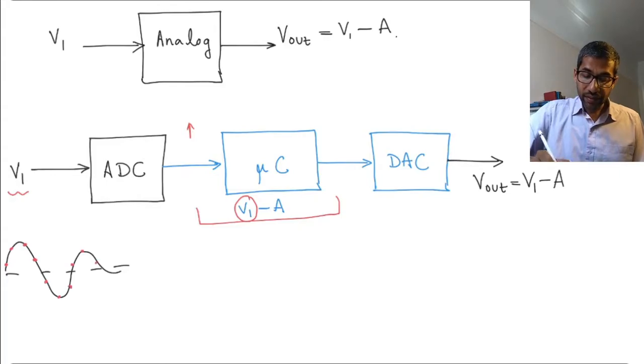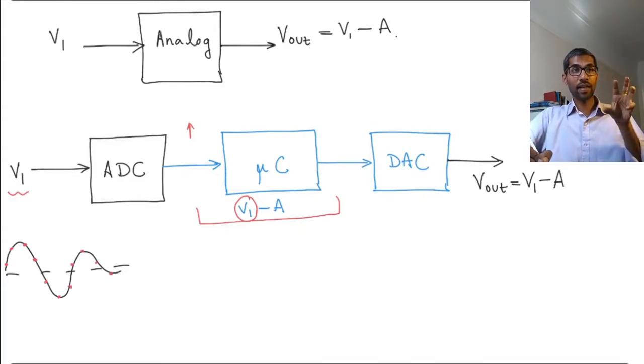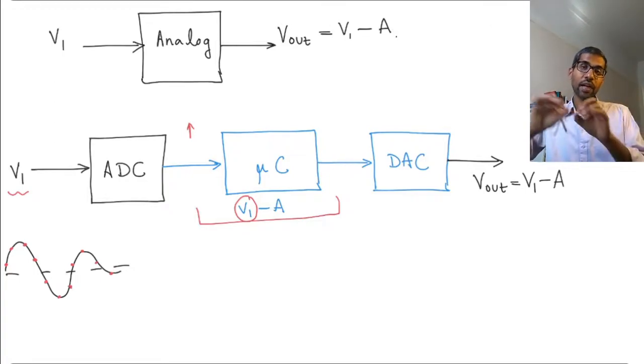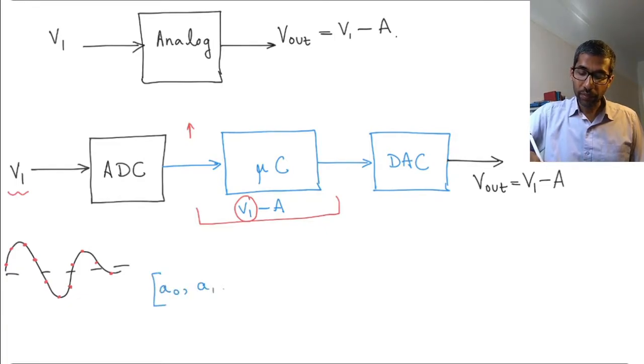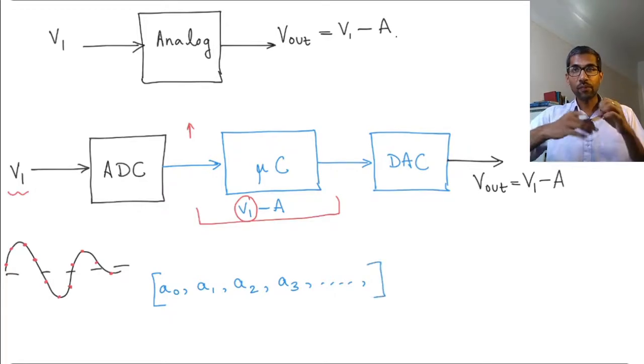And at these time instances, the values we are going to digitize by first quantizing them and then assigning them a code. So what we get at the output is basically an array of numbers, isn't it? So we get, let's say, some array of numbers a0, a1, a2, a3, and on it continues, right? So we get this array of numbers, and that is the digital value that we get.